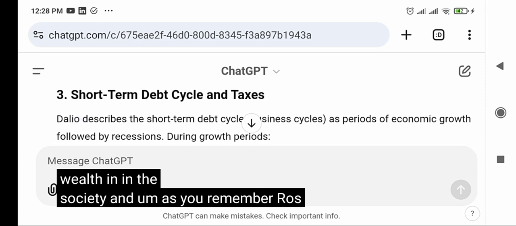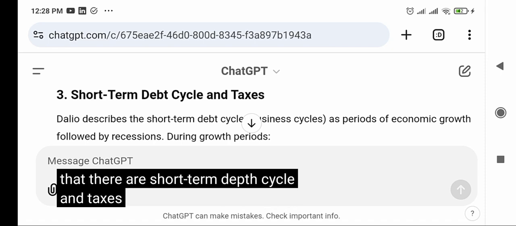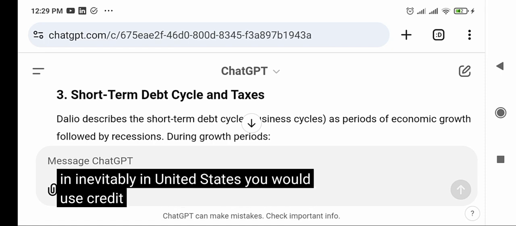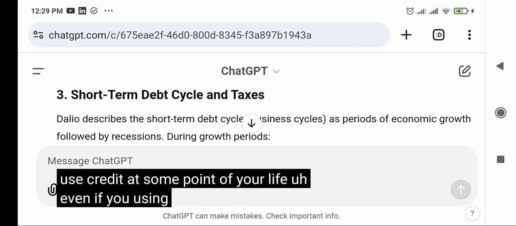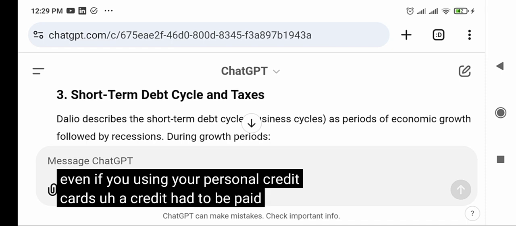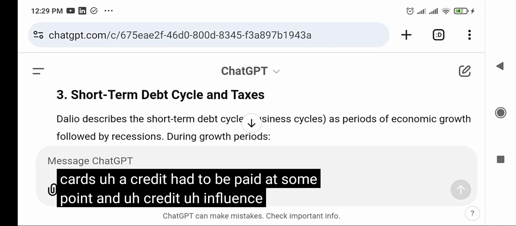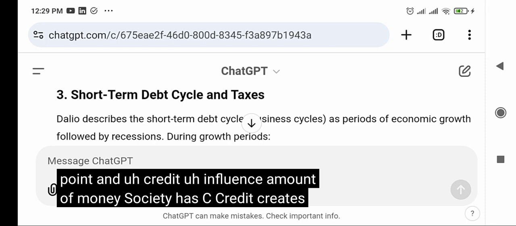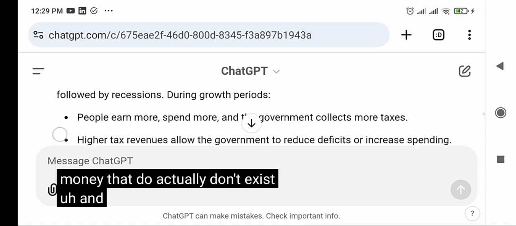And as you remember, Ray Dalio says that there are short-term debt cycles and taxes. Inevitably in the United States you will use credit at some point in your life. Even if you're using your personal credit cards, the credit has to be paid at some point, and credit influences the amount of money society has, because credit creates money that actually doesn't exist.